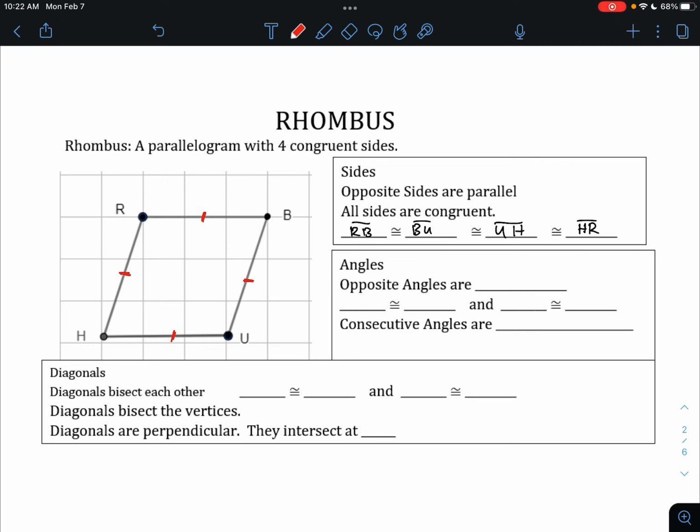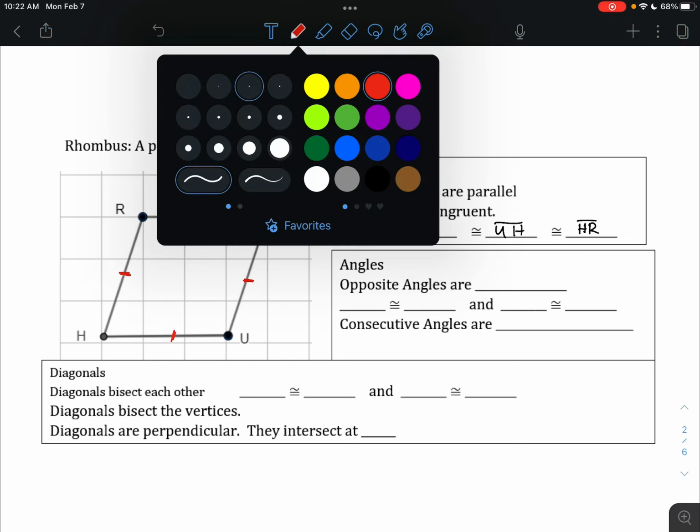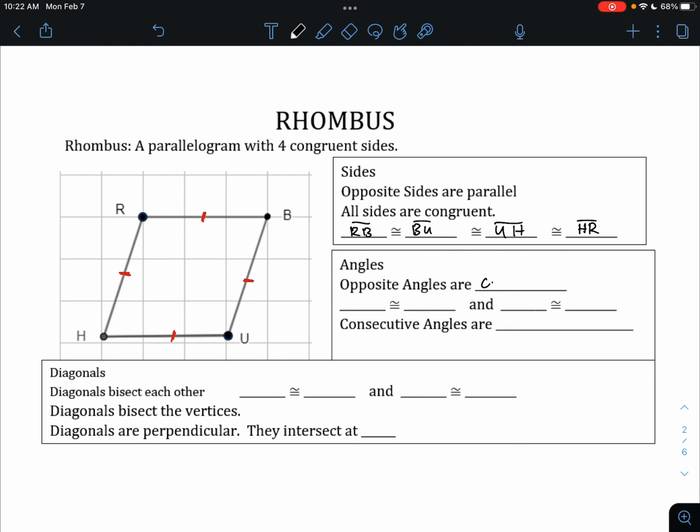Next up, we're going to talk about the angles of a rhombus. And just like in a standard parallelogram, the opposite angles are congruent. So let's fill that in, congruent. So that's angle R and angle U are congruent. Angle H and angle B are congruent.